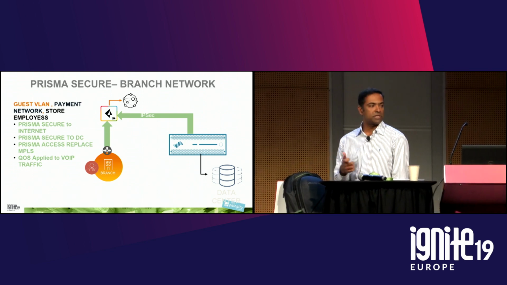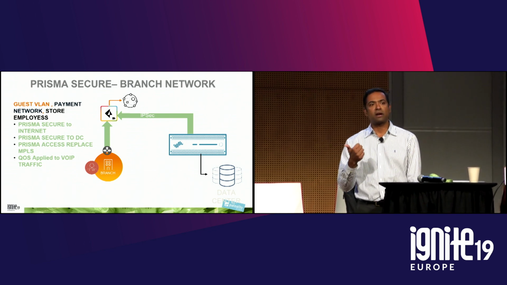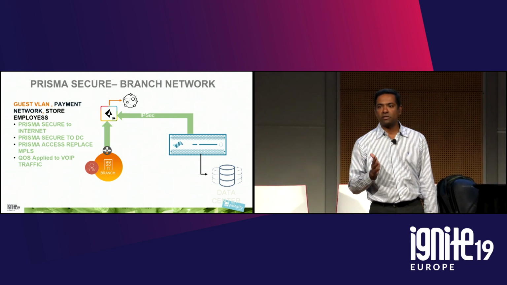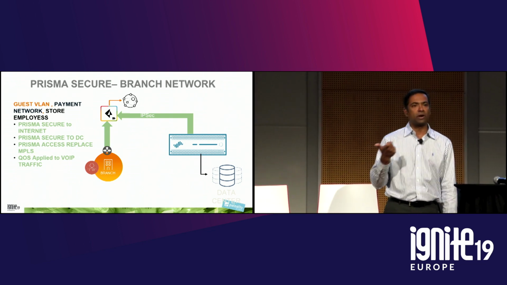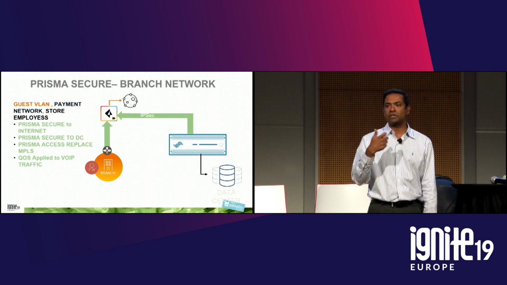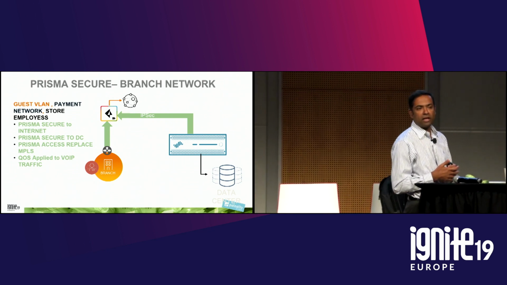Their data center is also connected through it, and they started applying some QoS policies on their traffic to make the best use of the low bandwidth that each of these remote sites has. If it's a retail store, it's not like unlimited bandwidth like an office space.